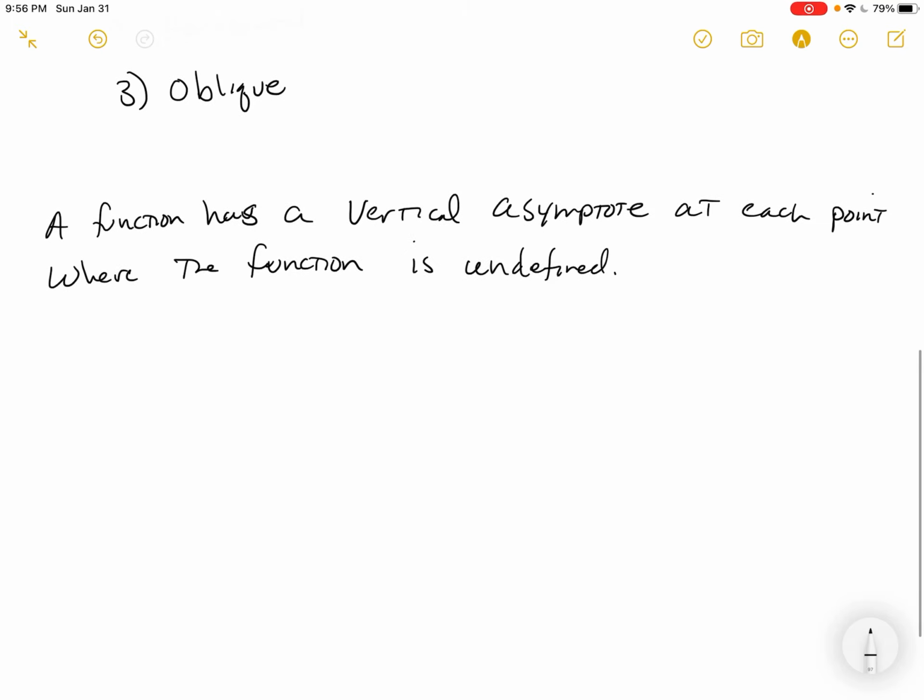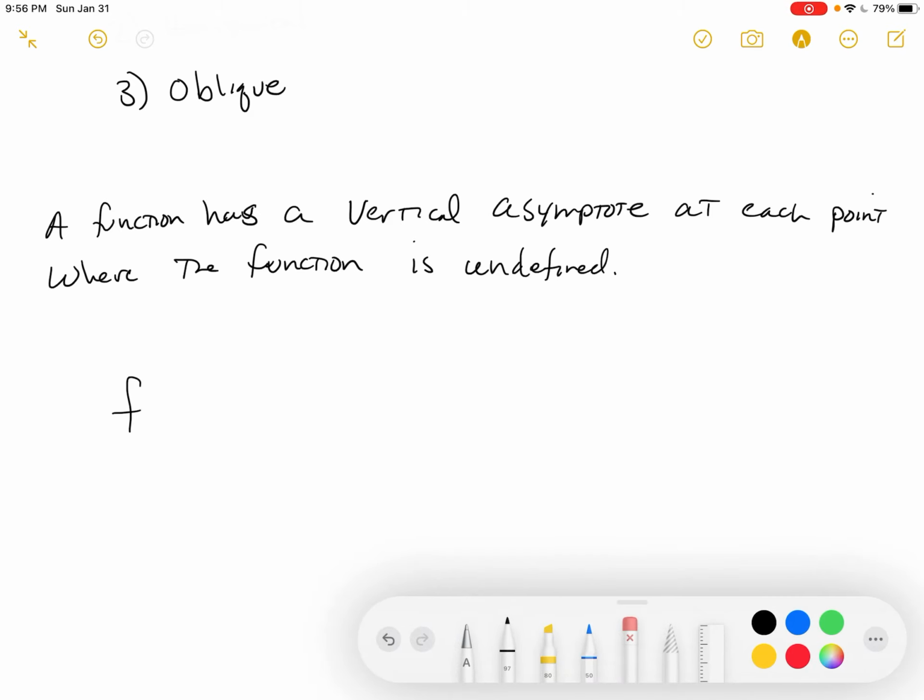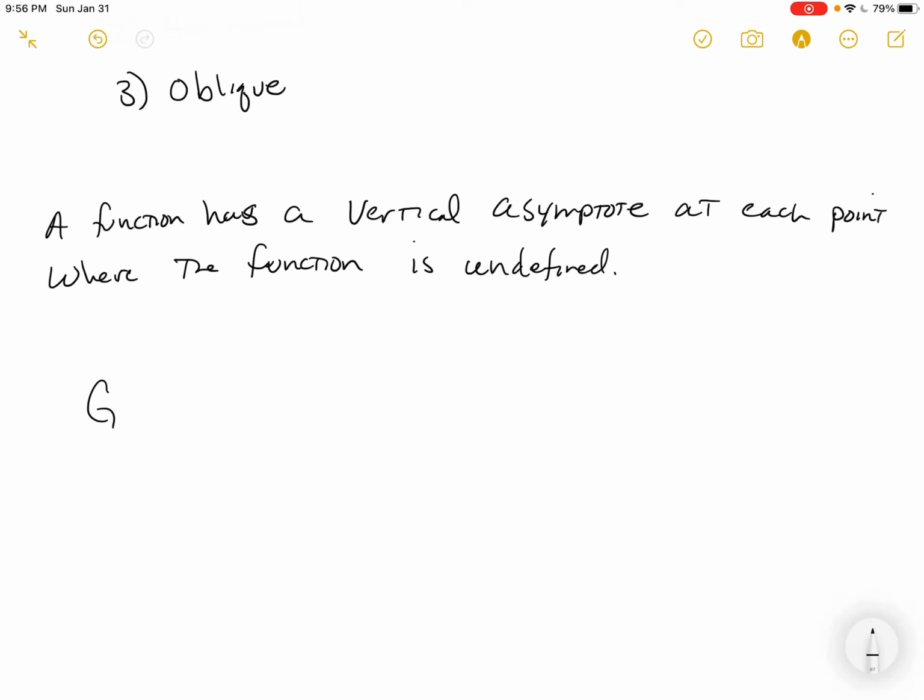So let me just make up a function. I told you that usually they use capital letters when they have rational functions, so I'll put a g of x. And up top I want to put x minus 2, and on the bottom I want to put x minus 3 times x plus 4. So notice that g of x is completely simplified. And so we can see already that it has domain restrictions at 3 and at negative 4.